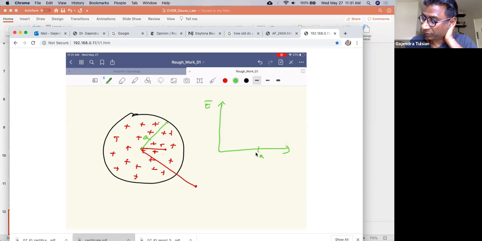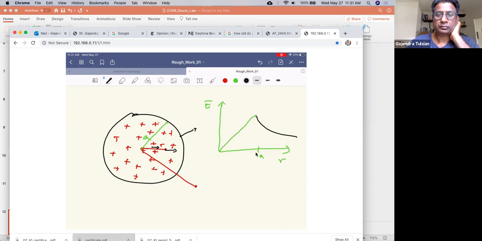And what that graph is showing you is the magnitude of the electric field linearly increases with R up to the radius. The electric field, as you can imagine, at every point points away, so it's maximum at the surface, and then it starts decreasing.